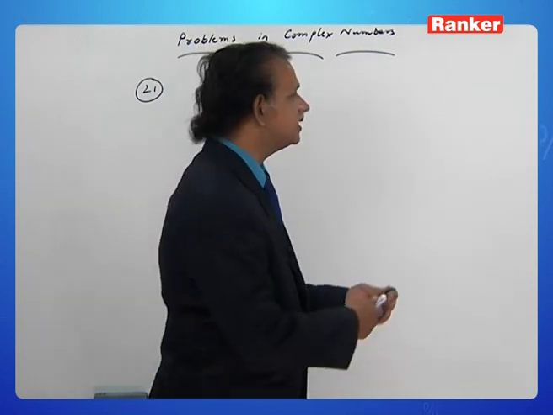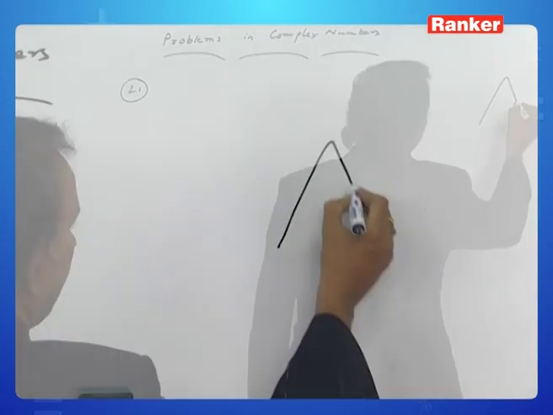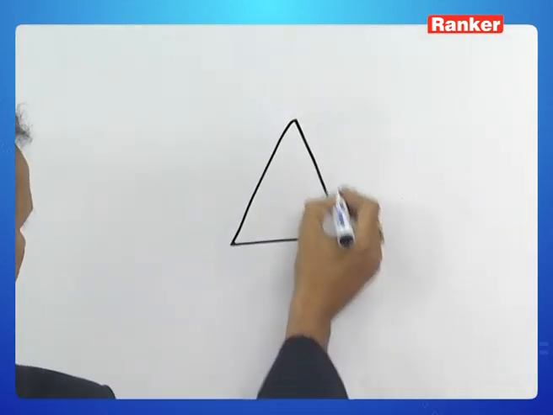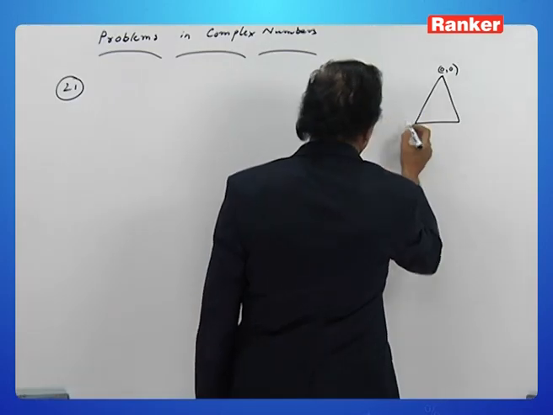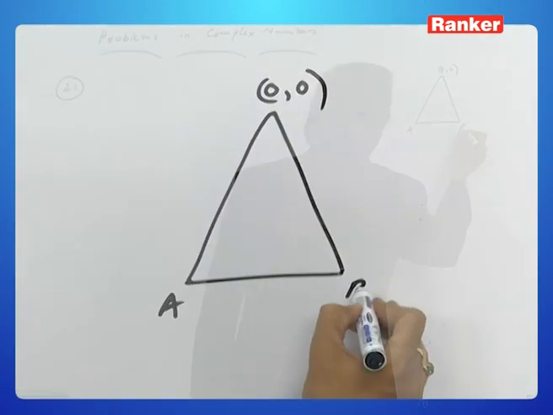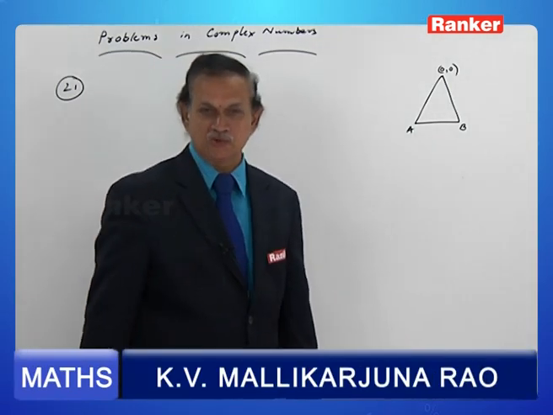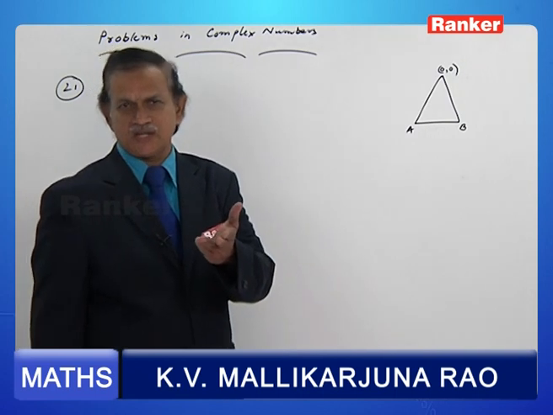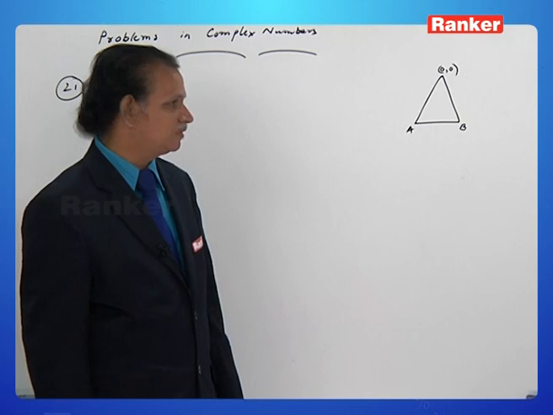One vertex is at origin. The other two vertices are of course the roots of an equation that has been given. What is that equation? 2z square plus 2z plus k is equal to 0. We are supposed to know the value of k.